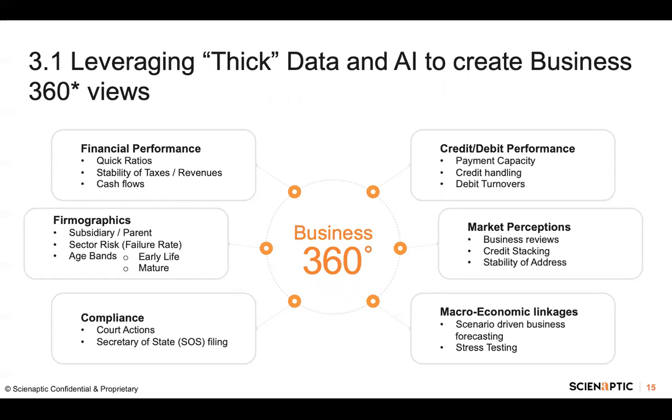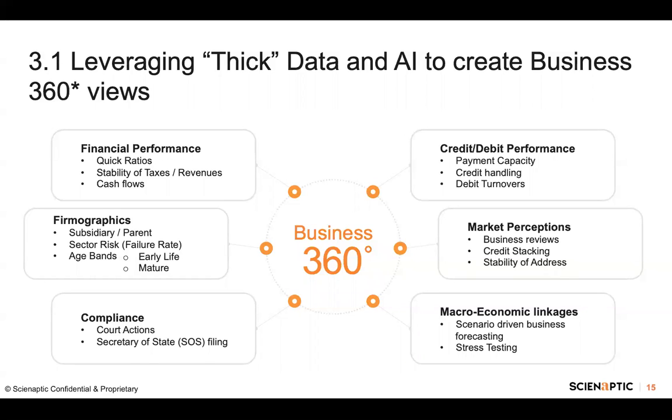With all these data sources, the ecosystem is so powerful that one can get not only the details on the firmographics, but also the financial performance, the market perceptions, the credit and debit performance, as well as information on whether businesses are stacking, quote unquote, the credit and going to default as first party over a period of time.